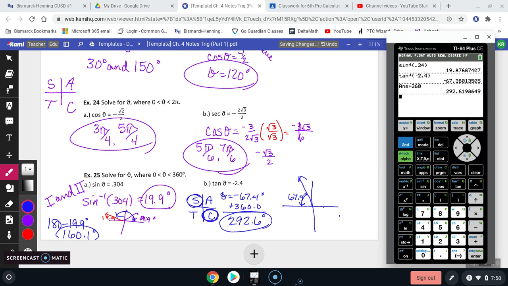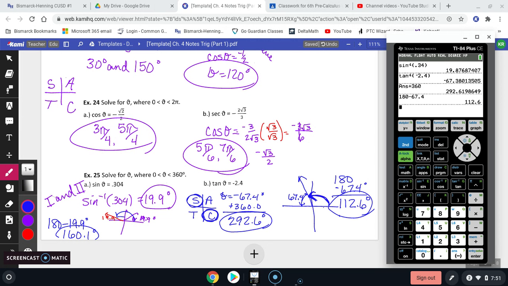So again, what is this angle? Okay. So I'm going to do 180 minus 67.4 degrees. So 180 minus 67.4, 112.6 degree angle measure.